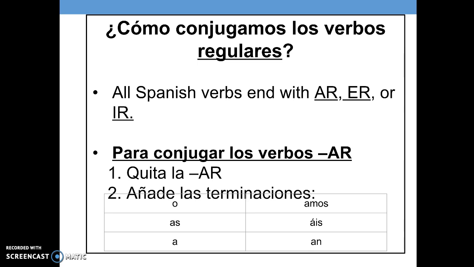O matches up with yo. As is the ending that matches up with tú. A is the ending that matches up with él, ella, or usted. Amos is the ending that matches up with nosotros. Áis is the ending that matches up with vosotros. And then an is the ending that matches up with ellos or ellas.